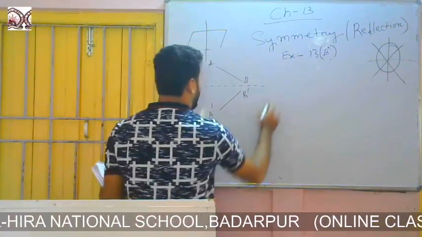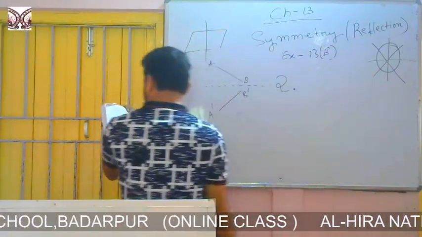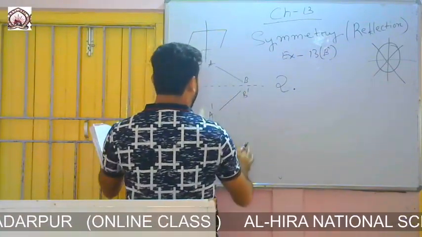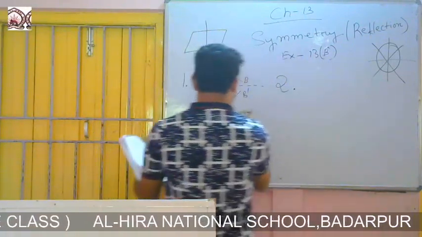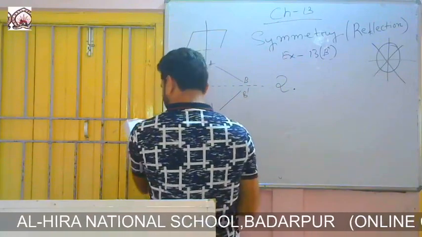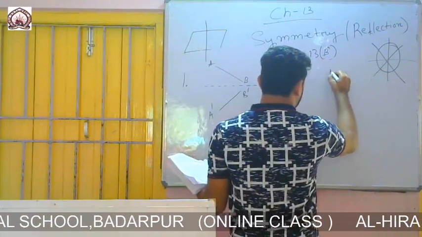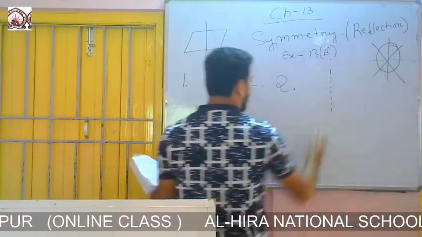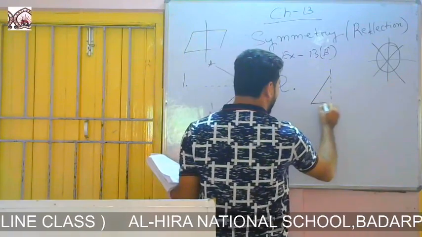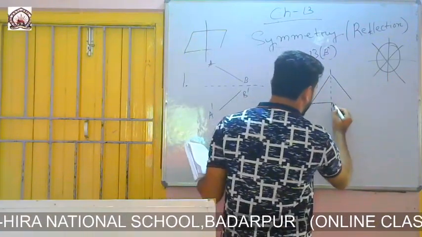Now come to question number 2. As I said about the details of the reflection at the time of introduction, the image will be formed like that. If this is the mirror, then this portion will be reflected like this.